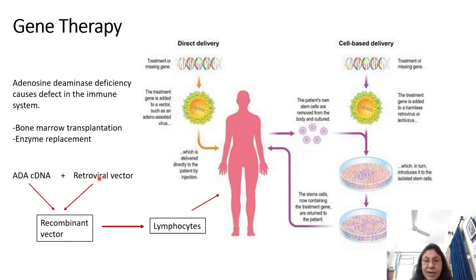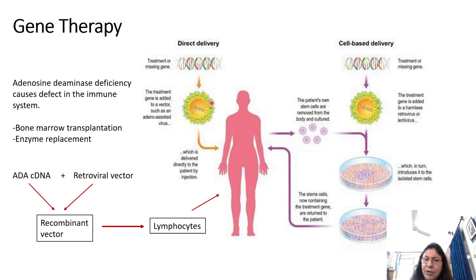Before I give you this concrete example, let me show you what the picture is trying to explain. In the case of gene therapy, either you can have a direct delivery, that is, here is a part of the DNA which codes for that missing gene in the human system. Okay, and this particular gene is now added to a vector like you see here.